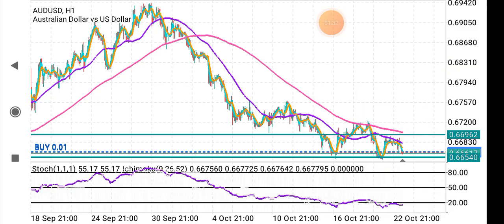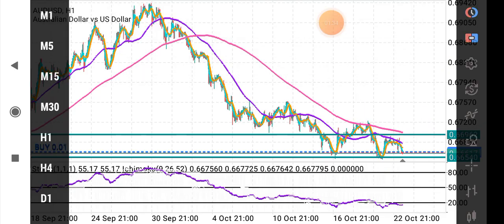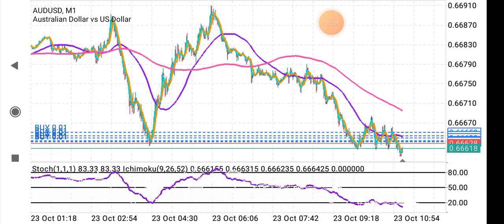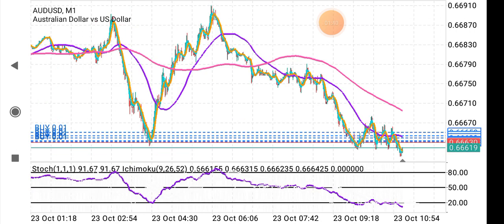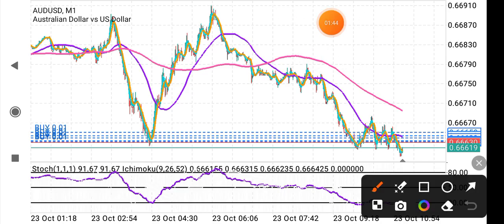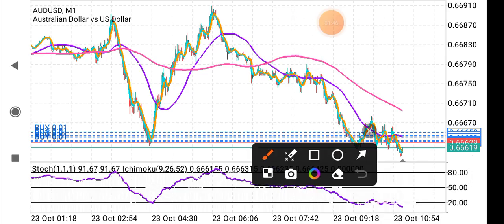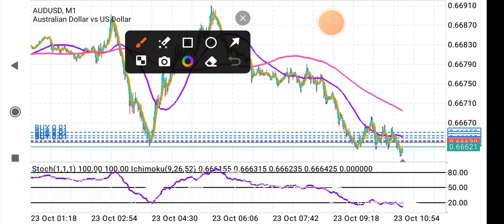But let us check on lower time frames. If we start with 1 minute, we can check. The market is really at a really extreme region.